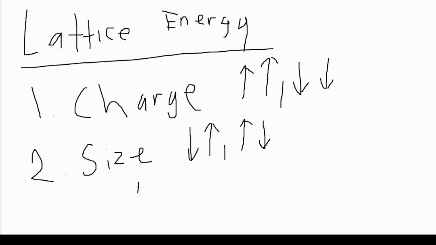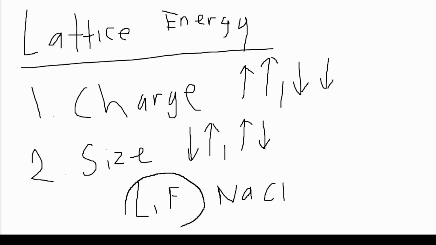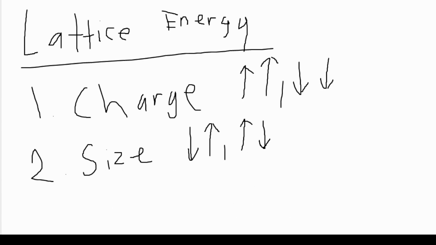For example, if you had LiF and you had NaCl, sodium and chlorine are both bigger than lithium and fluorine, so lithium fluoride, or LiF, has the larger lattice energy because it's the smaller one. And then for lattice energy, charge is more important than size. The last example is a really good example.